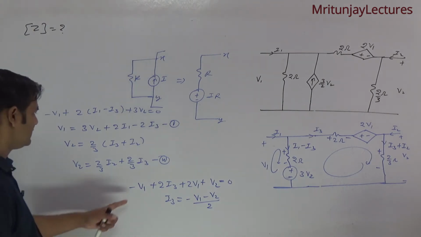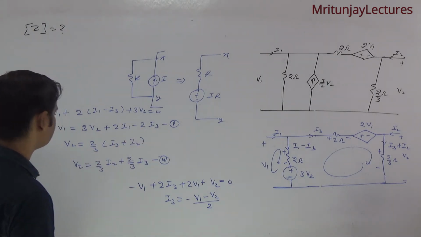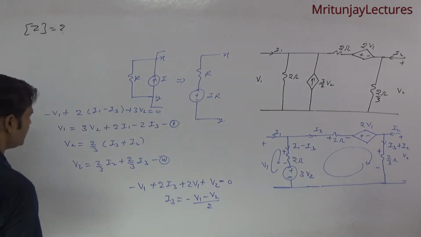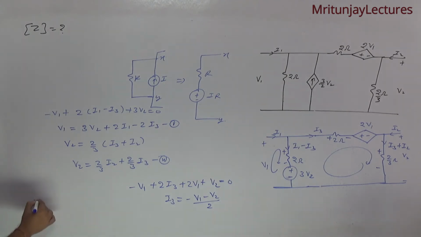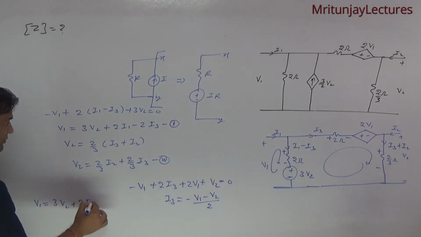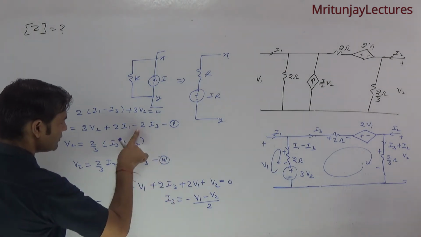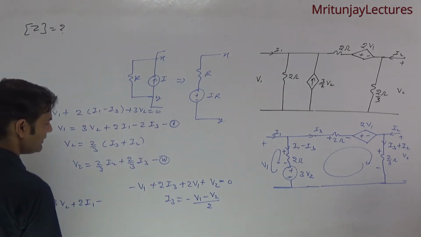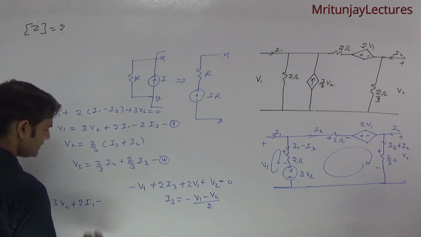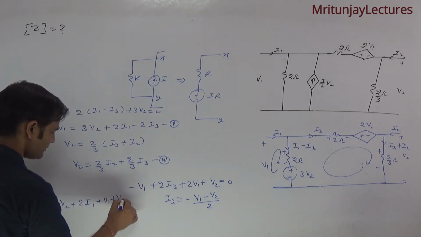If this value is put in equation number 1 and 2, we get the result. So V1 is written as 3 V2 plus 2 I1 minus 2 I3. This will be equal to V1 plus V2.